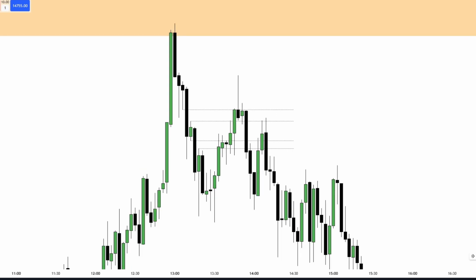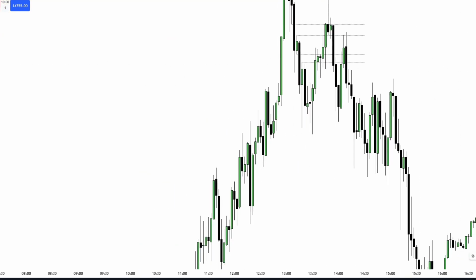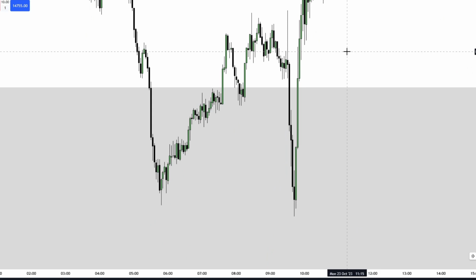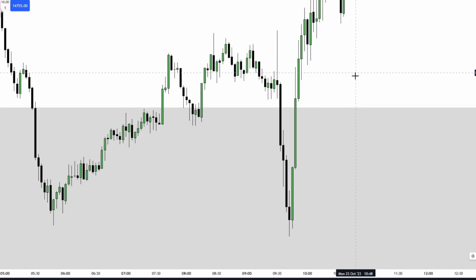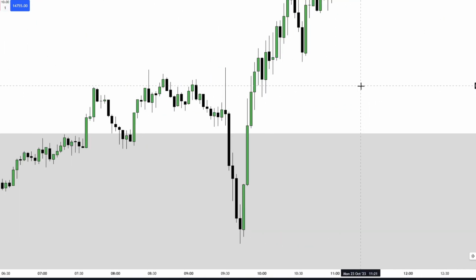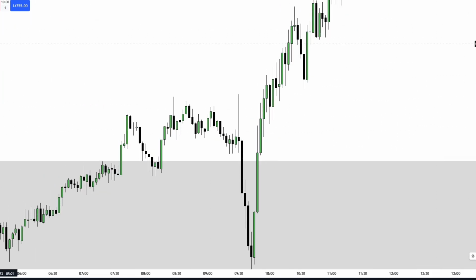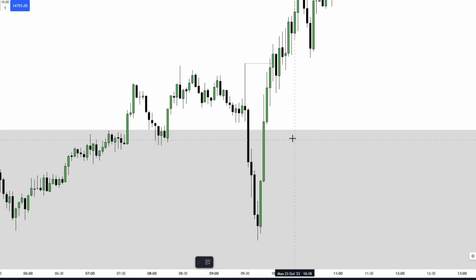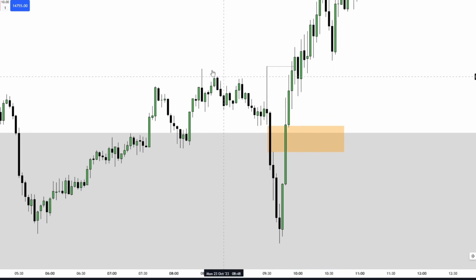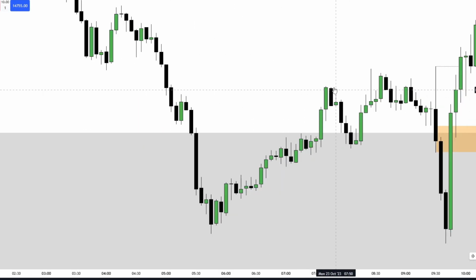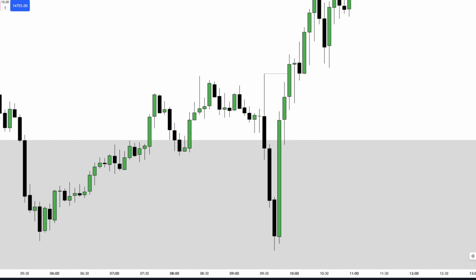So yeah. One other thing that I want to mention before I leave you is that I generally want to place my entry before we sweep internal liquidity, right? So in this case, as we established, this would be internal liquidity, right? So ideally, I would want to enter before we take out that high, right? And remember what I just told you, I entered as soon as this candle closed, right?